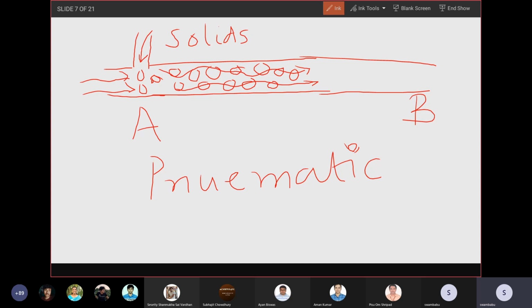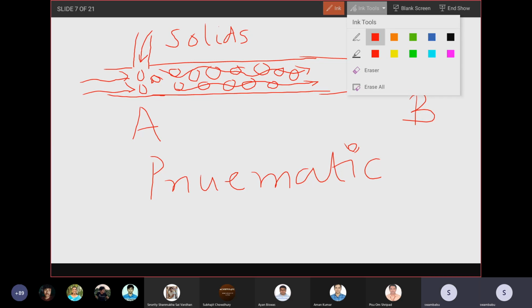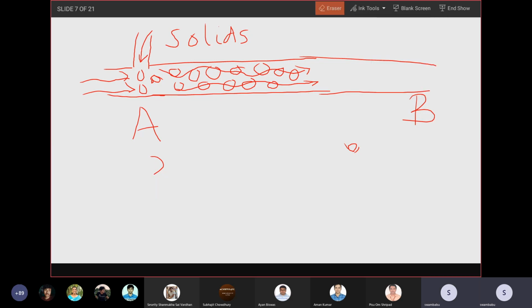Now, what happens in pneumatic conveying? What are the parameters we need to look into? That we will see in the rest of the class today. There are two types of pneumatic conveying.